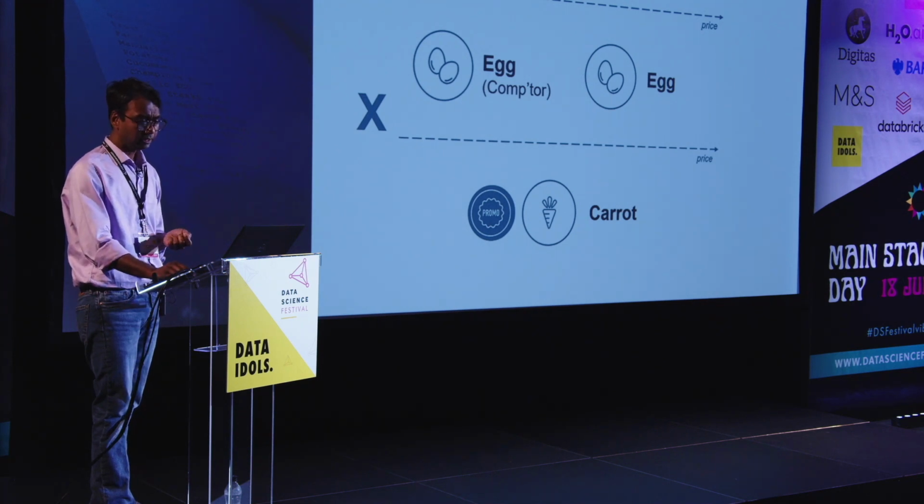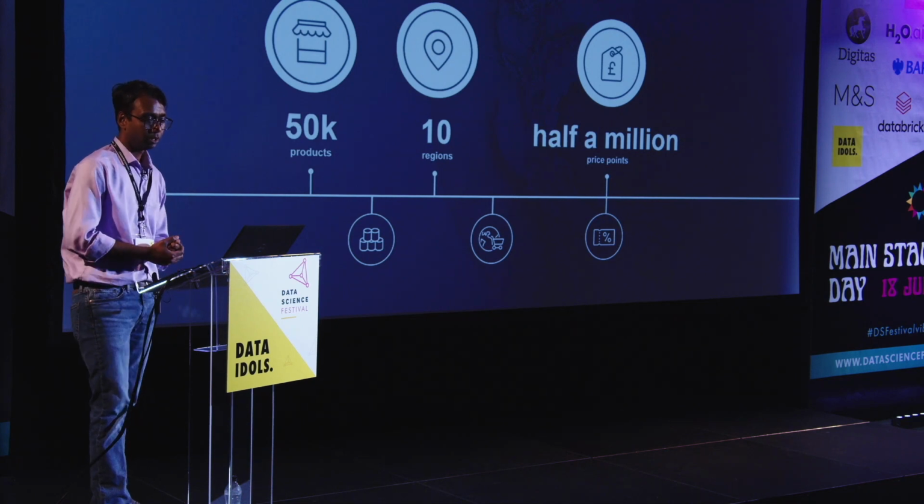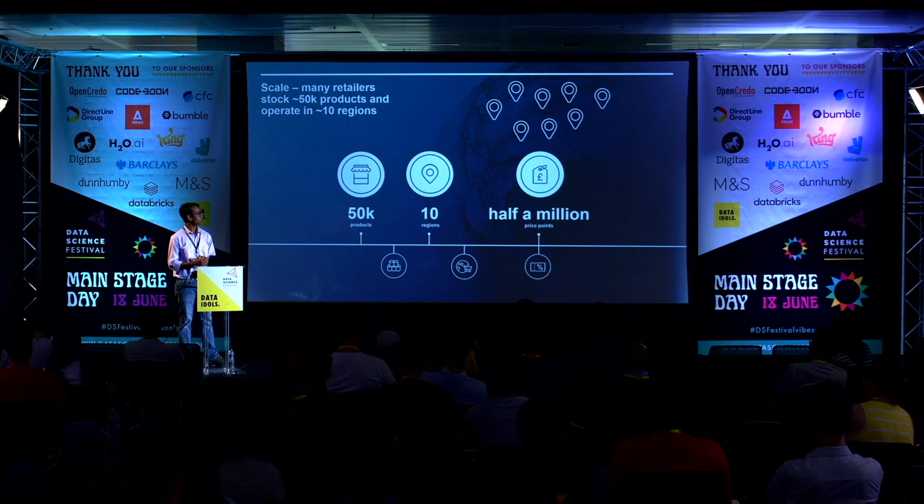Now, let's talk about this problem in a slightly more realistic scenario and try to give you a sense of the scale of the problem. So many retailers around the world would stock around 50,000 products in their store. And they would operate in 10 different regions, which are aligned to different price and promotion strategies in a market.